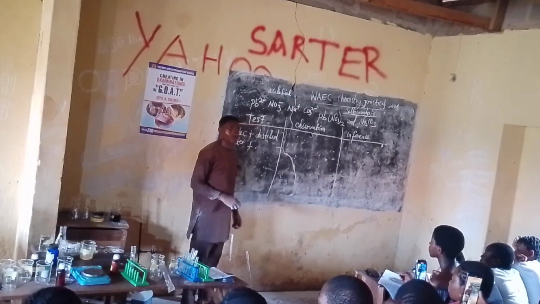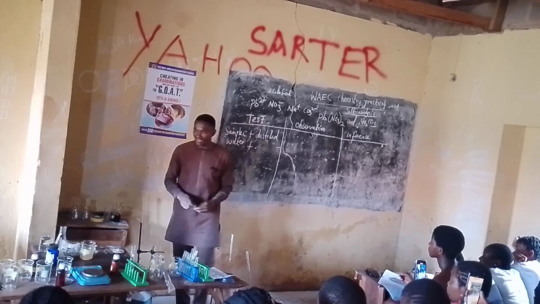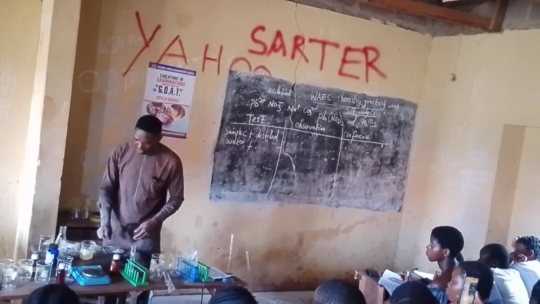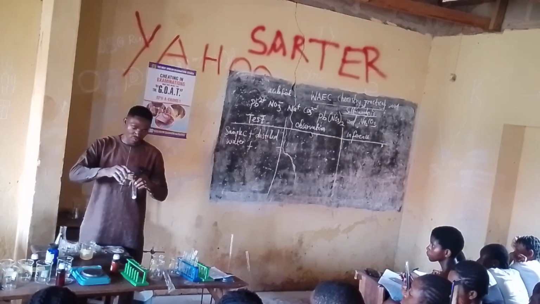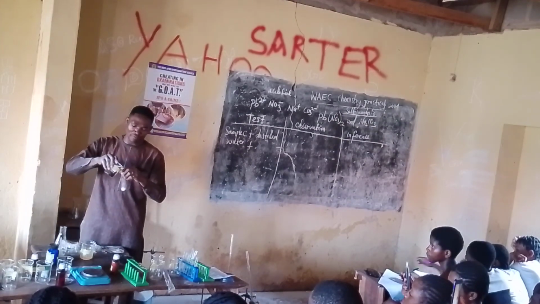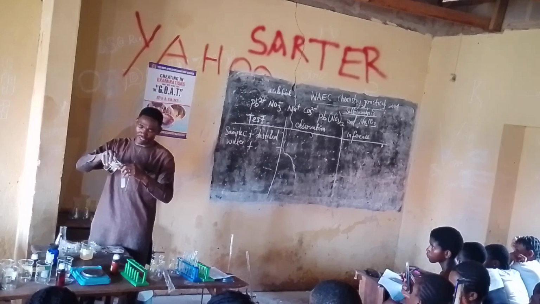Let's see first how that goes. This is sample C. We're adding about 10 cm³ or 15 cm³ of distilled water.